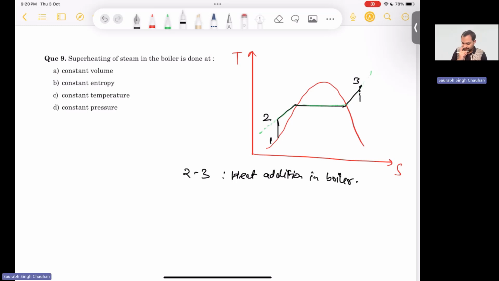But as you can see, at point 3 dash you have got saturated steam, but you are still heating the saturated steam. So 3 dash to 3, this is superheating, because at point 3 dash you have saturated steam.